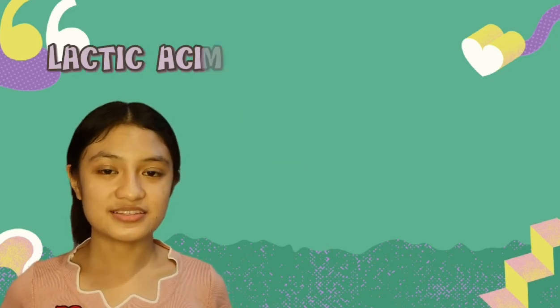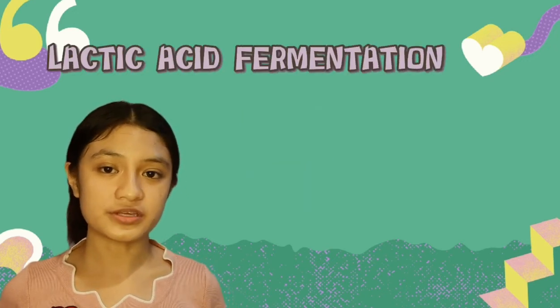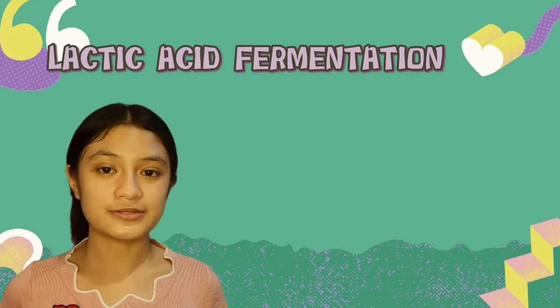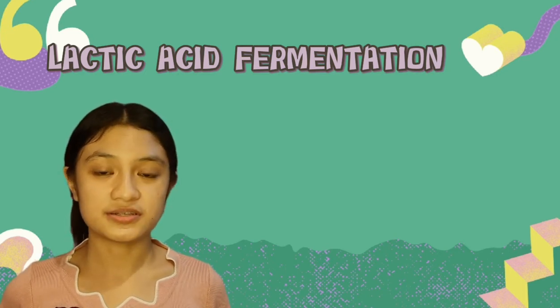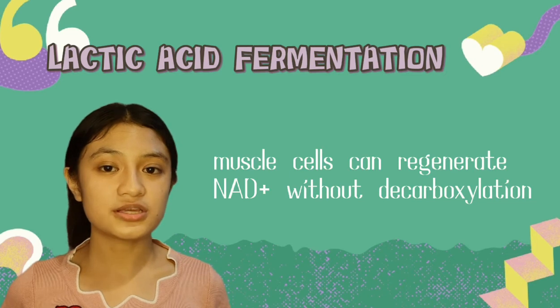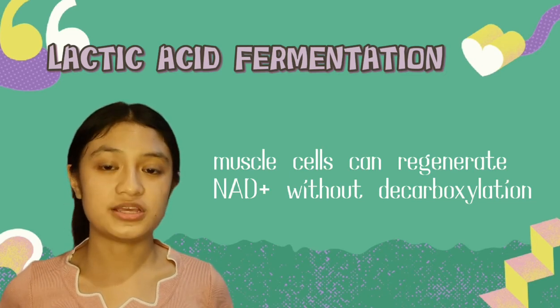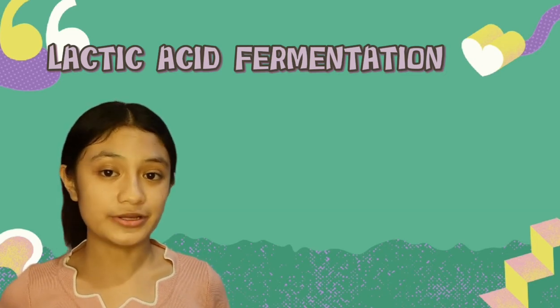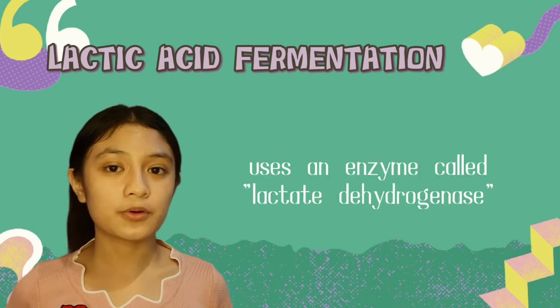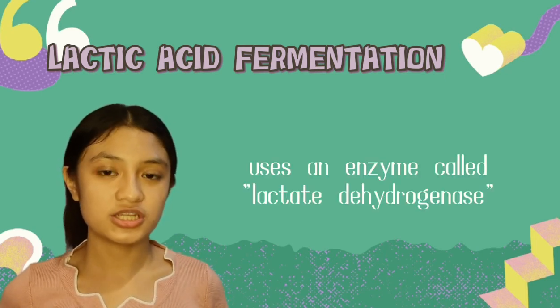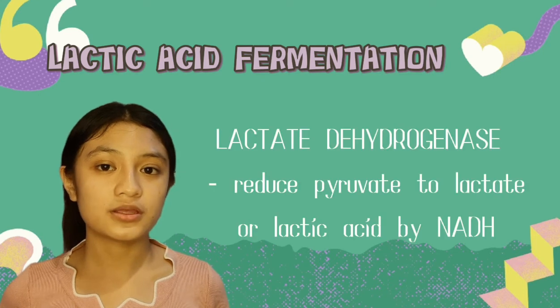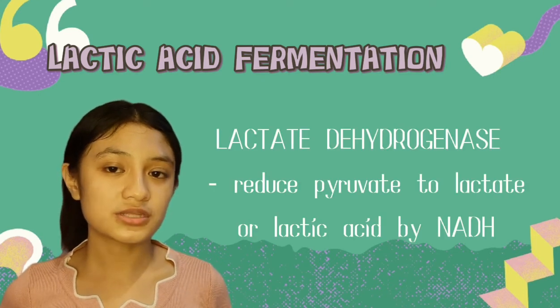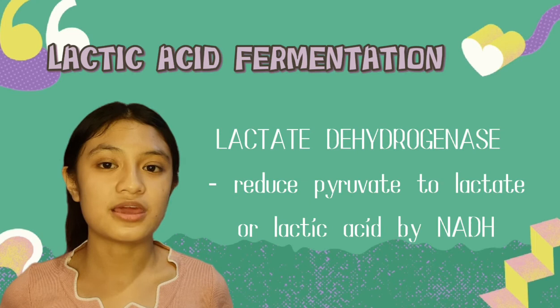Meanwhile, lactic acid fermentation is a one-step process and is most common in animal cells, specifically muscle cells, because they can regenerate NAD+ without decarboxylation. They use an enzyme called lactate dehydrogenase to reduce pyruvate, which is a product of their first step, glycolysis, by NADH.